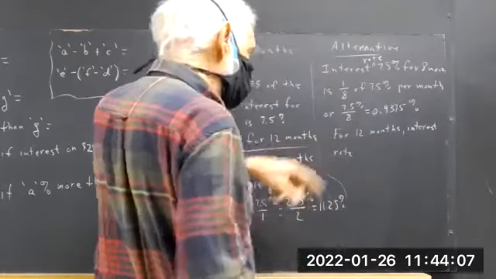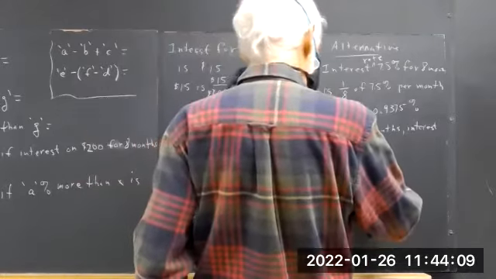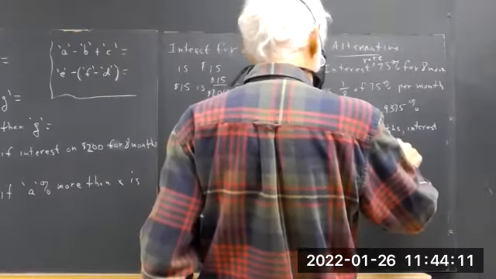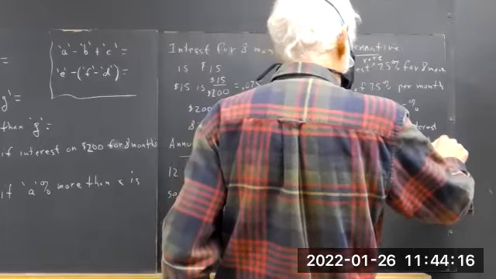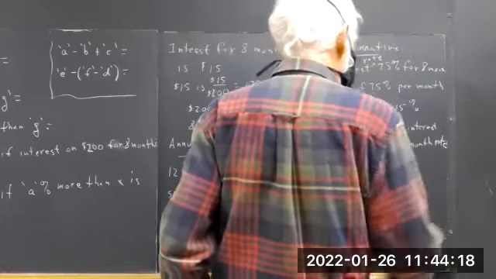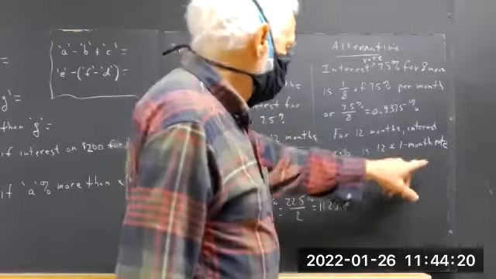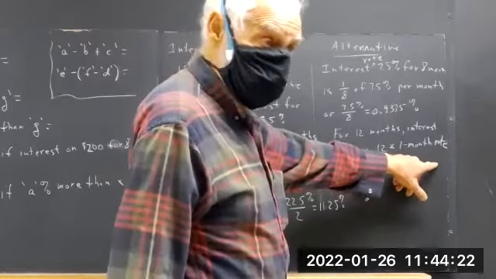You got to understand simple interest first. Compound interest is going to be very important, but we're doing simple interest. Okay, so for 12 months, your interest rate is, I can't read that word rate, but it's 12 times your 1 month rate, right?